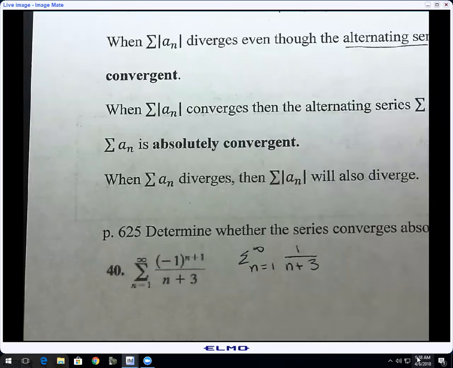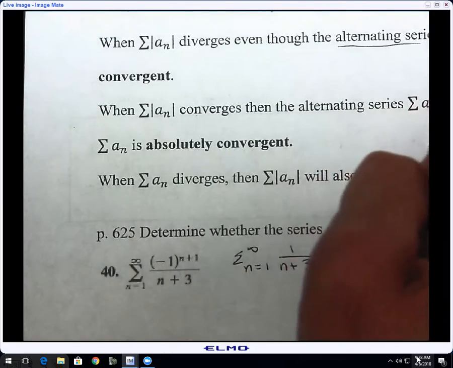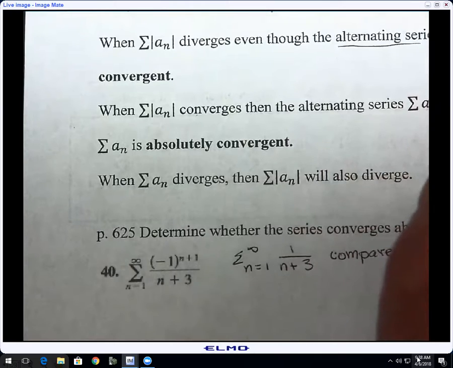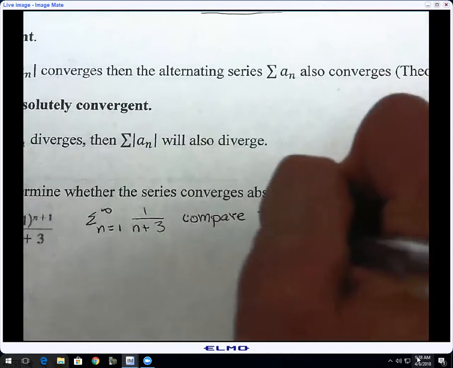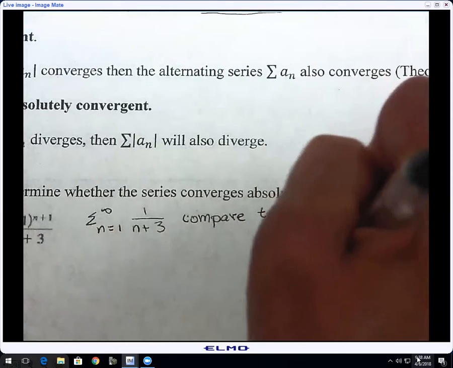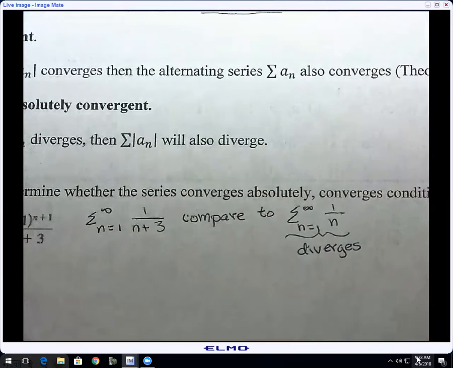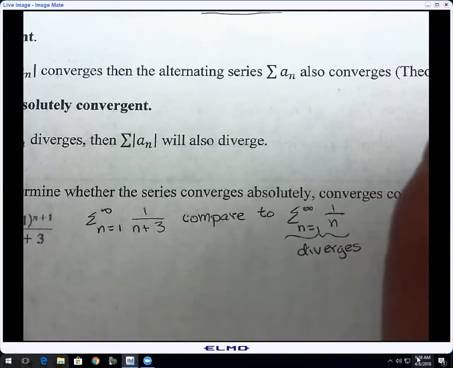And Chase is saying, well, that's a whole lot like the harmonic series, one over n. And what do we know about this harmonic series? It diverges. So if it diverges, is this one smaller than that one?